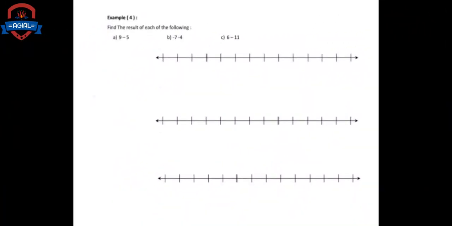Example number 4, find the result of each of the following. Letter A, 9 minus 5. We need to subtract these two numbers. 9 minus 5 equals, we put the first number, so we have 9, and then add the additive inverse of the second number, so we have 9 plus negative 5.